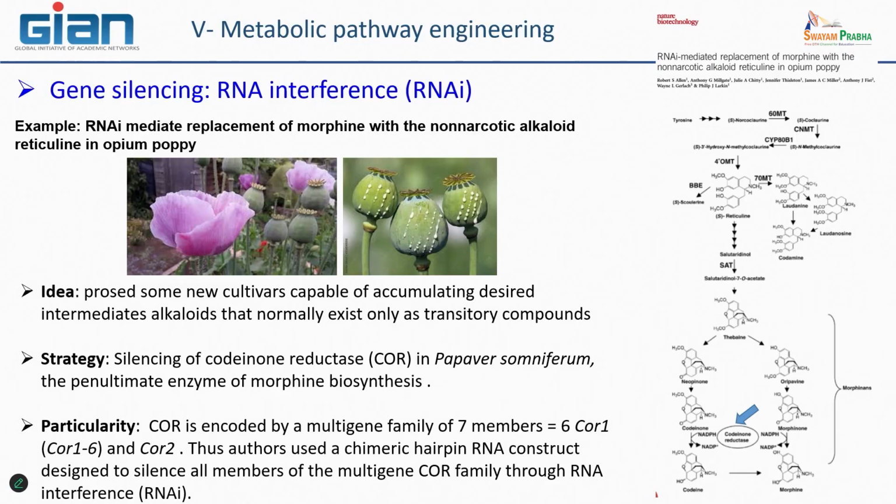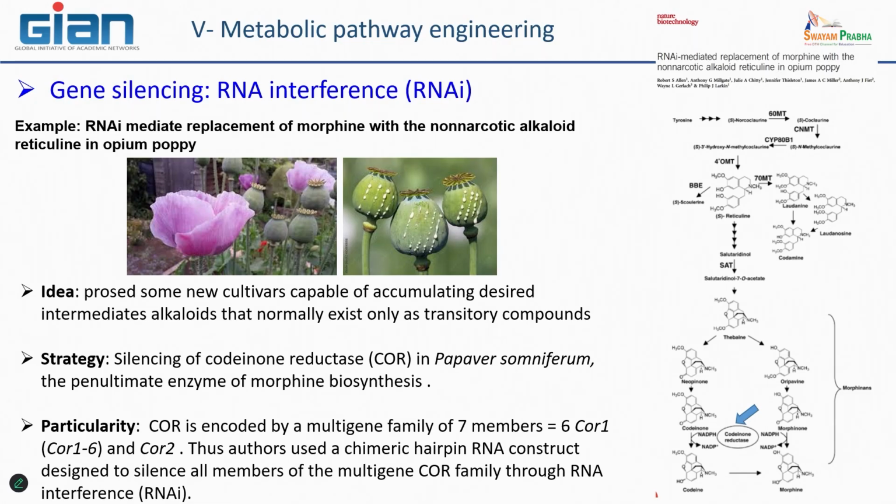So they decided at first to silence all the COR proteins, in order to see the effect of having no possibility of this conversion. So what can we do when we have, for example, 7 members of this family, organized in 6 of class 1 and 1 of class 2?